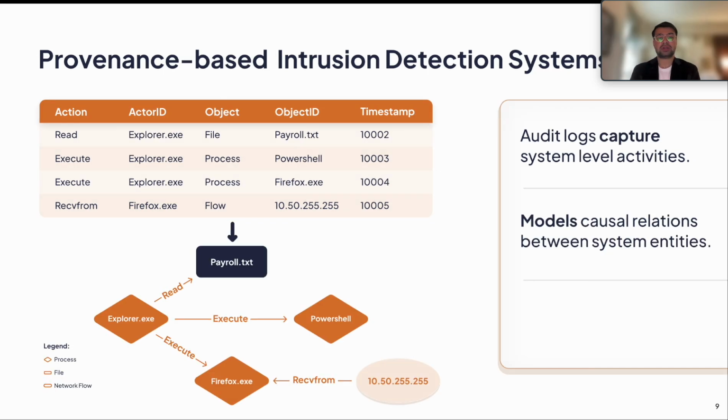Provenance graphs are then constructed from these logs in order to model the causal relations between different system objects such as processes, files, and network sockets. The nodes in these graphs represent system entities, and the edges represent the system calls.